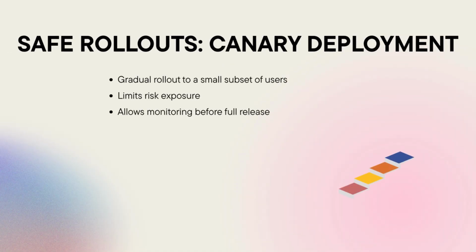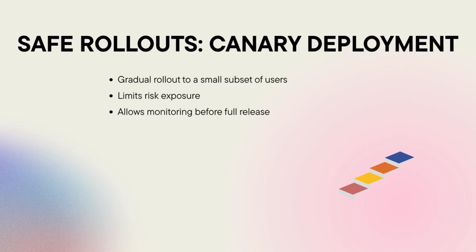So safe rollouts, canary deployment. Canary deployment is a cautious rollout strategy. Instead of releasing a new model to everyone at once, it's deployed to a small subset of users, the canary group. This minimizes risk, since only a fraction of users are affected if problems occur.